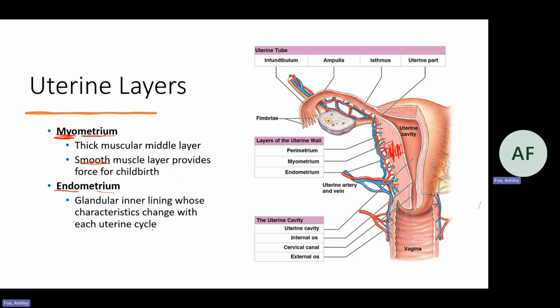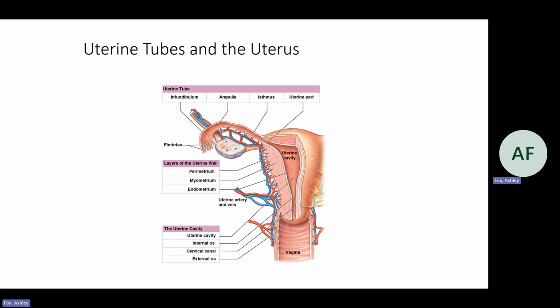So this changes with the uterine cycle and has changing levels of glands and things that we'll talk about later. So that's this layer right here. So again, perimetrium, outer layer, myometrium, middle layer, endometrium, inner layer.